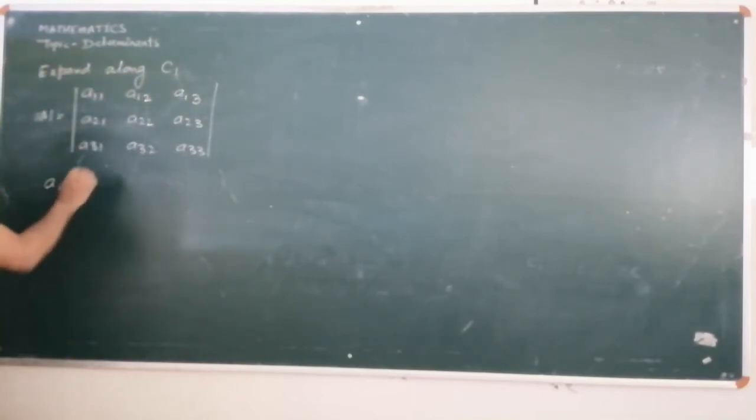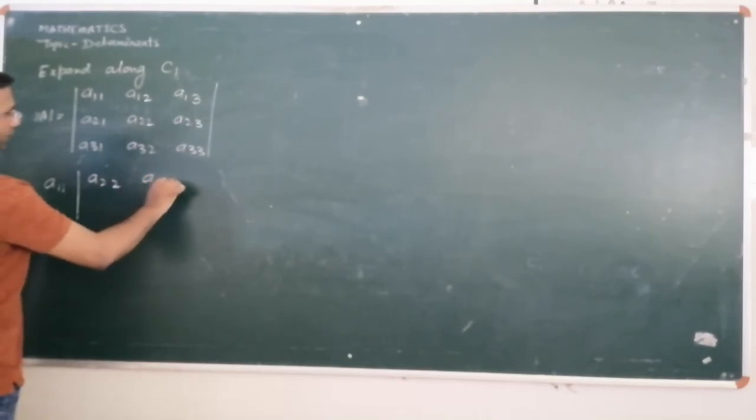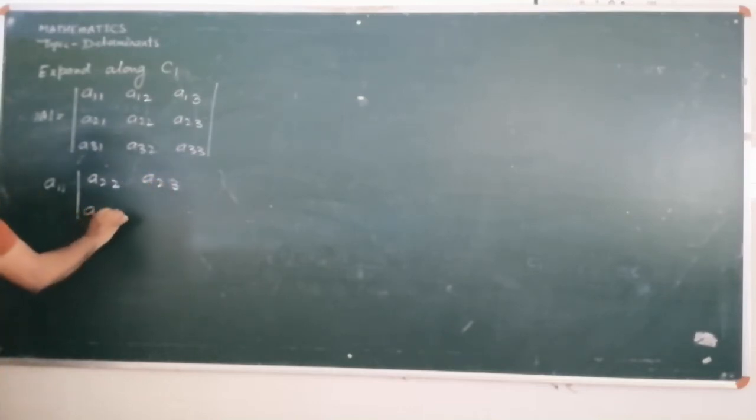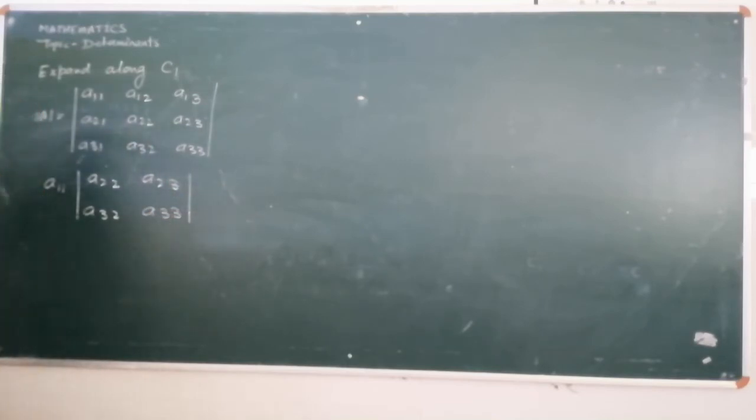Then you will write the remaining elements in the form of a determinant, that is A22, A23, A32, A33. Then you will come to the second element of the first column.